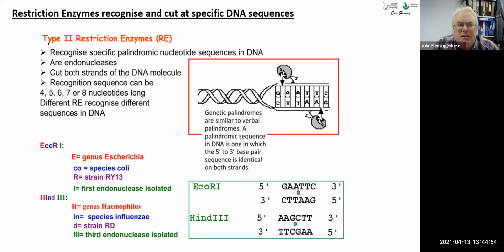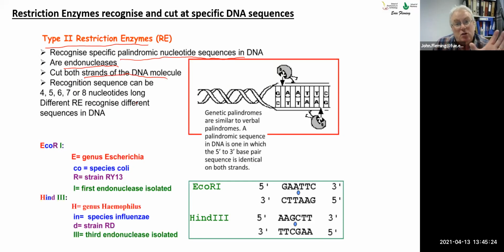The ones we are particularly interested in are type 2 restriction enzymes, and these recognize specific palindromic nucleotide sequences in DNA. Once they recognize these sequences, these enzymes are endonucleases, so they're capable of cutting nucleic acid. They cut both strands of the DNA molecule.